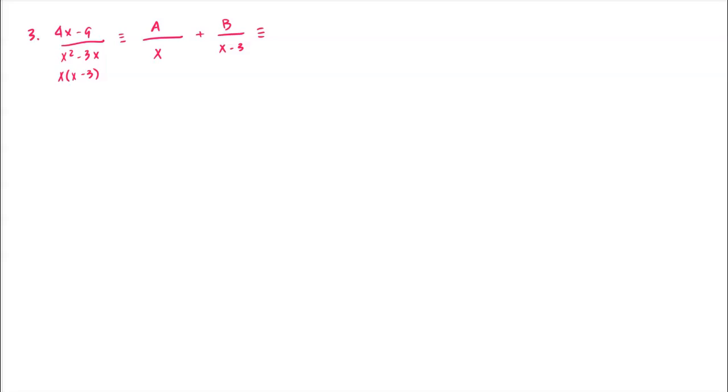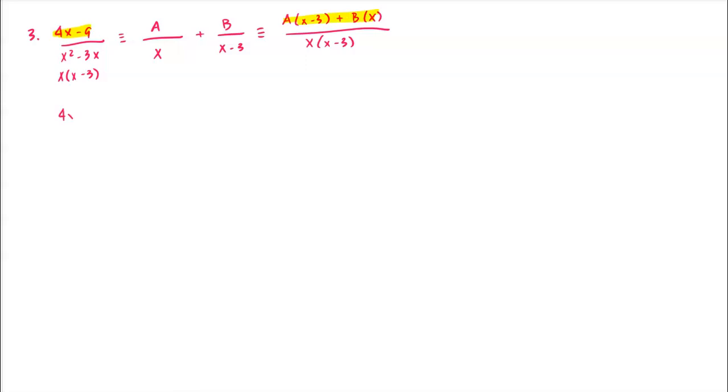Let's go ahead and do A times x minus 3 plus B times x, over x times x minus 3. There we go. And then we have the numerator equaling this numerator.